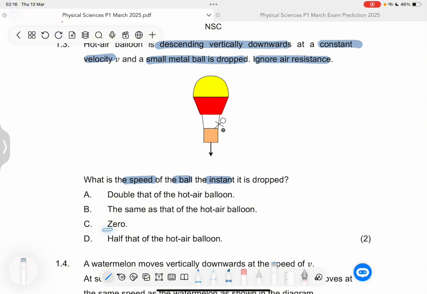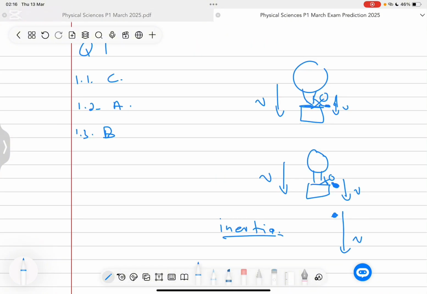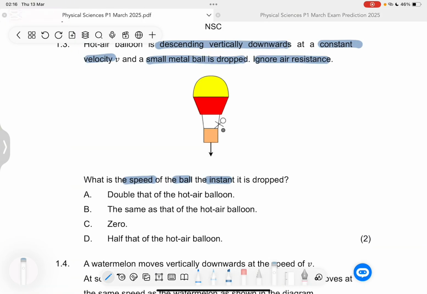And I know most of you would probably want to choose 0, because we have said in projectiles that when you drop a projectile, its initial velocity is 0. In this case, it does not hold. It is not true because of inertia. The ball was already moving. It was not 0. It was moving at the velocity of the hot air balloon. And it cannot be half either.